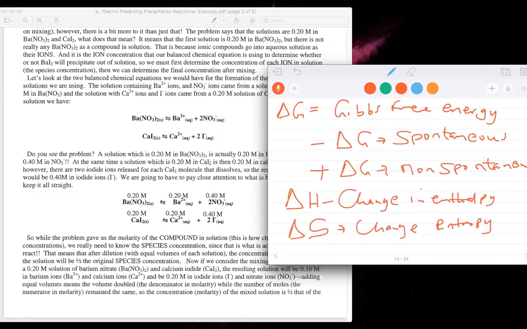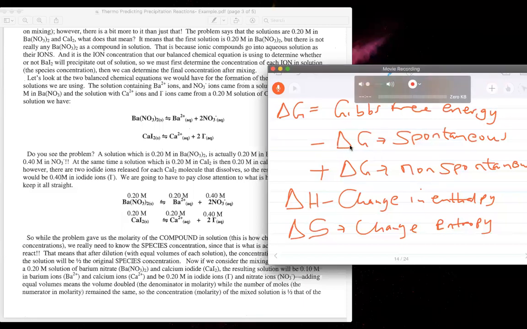Spontaneous, non-spontaneous. You see here, for a negative value, you say it will spontaneously precipitate. For a positive value, you say it will not precipitate.